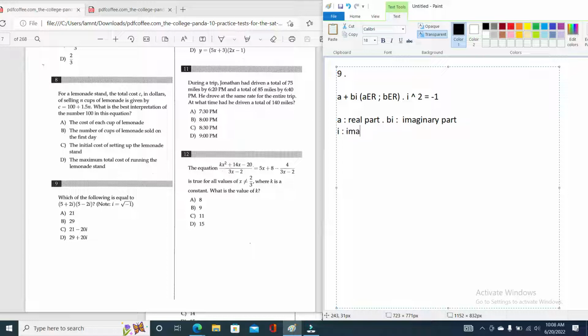Complex numbers come from the fact that we cannot solve all equations using just real numbers. For example, x squared plus 1 equals 0 has no real solution.